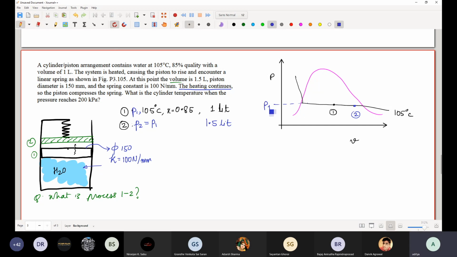How will we find P1? P1 will be simply the saturation pressure corresponding to a temperature of 105 degrees Celsius. Now I will plot state 3. P3 is going to be 200 kilopascal. That's it. We don't have any other information.